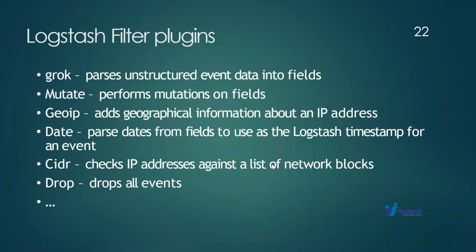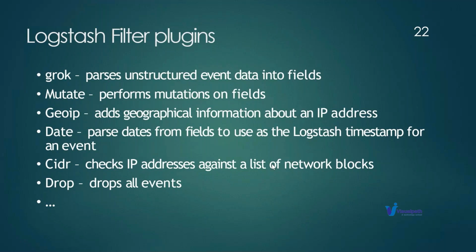What are the filter plugins available? First is Grok, which parses unstructured event data into fields. Another is Mutate, which performs mutations; it can remove redundant data or add data according to your requirement. GeoIP will add geographical information about the IP address. Then a very important one, Date, which parses the date from a field to use as the Logstash timestamp for an event.